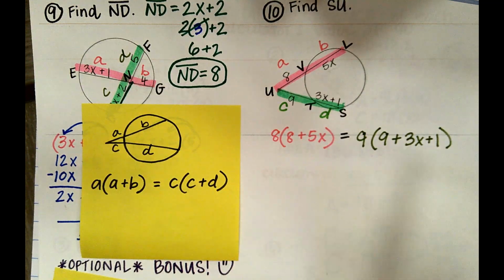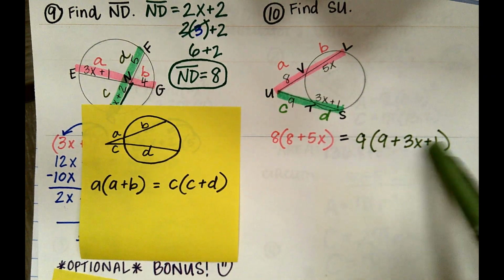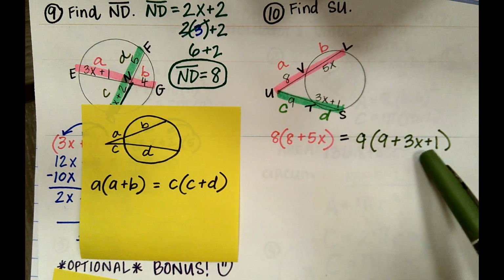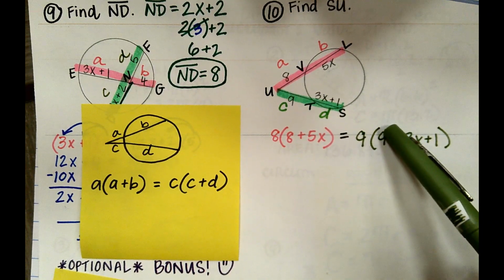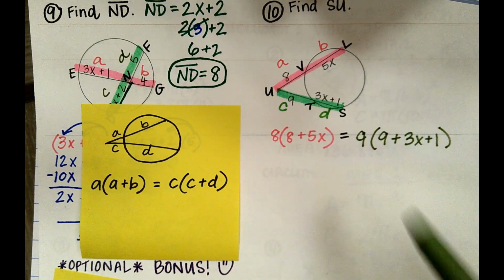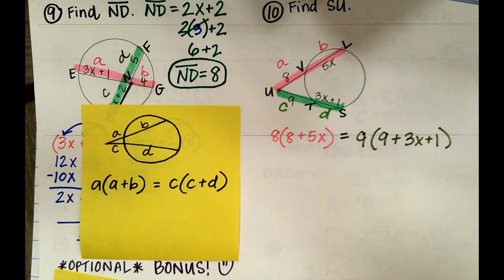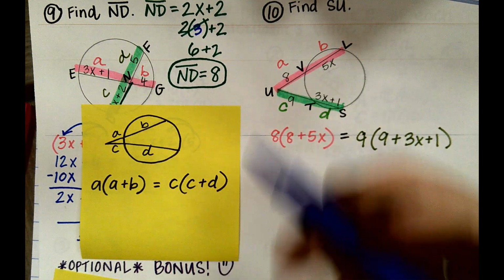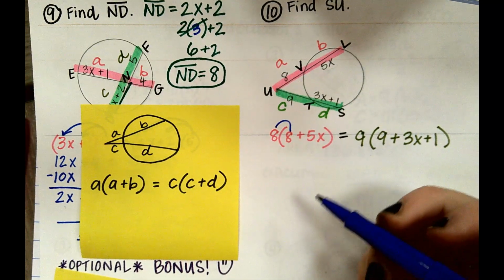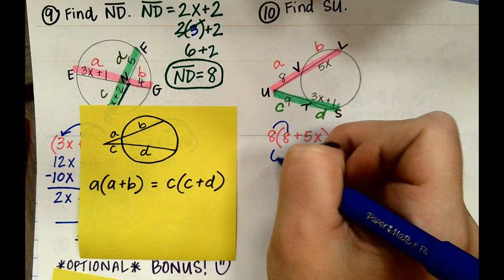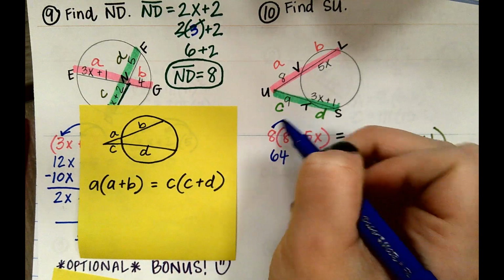Another thing that we could do on the green side here is we could combine like terms inside the parentheses first. Completely optional. You'll get the same answer even if you distribute first. Let's go ahead and just distribute. So I know 8 and 8 went to the store and got a Nintendo 64.